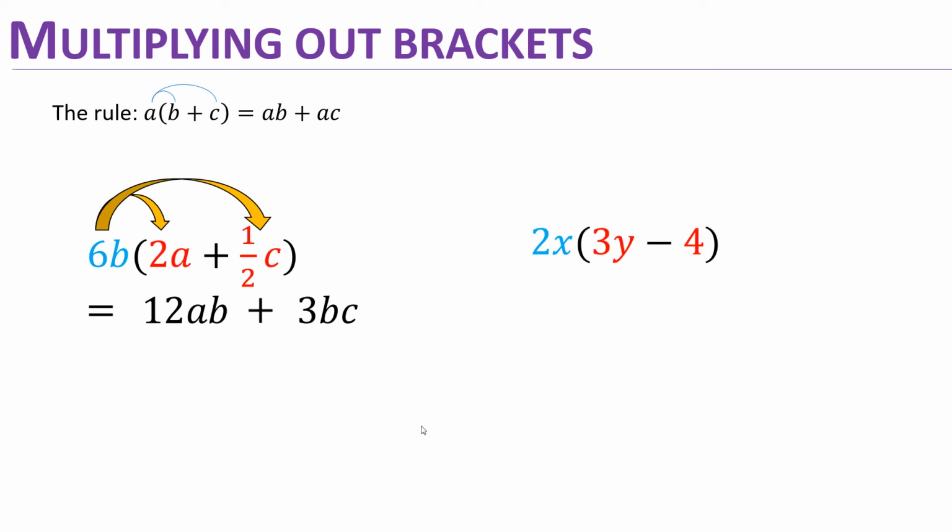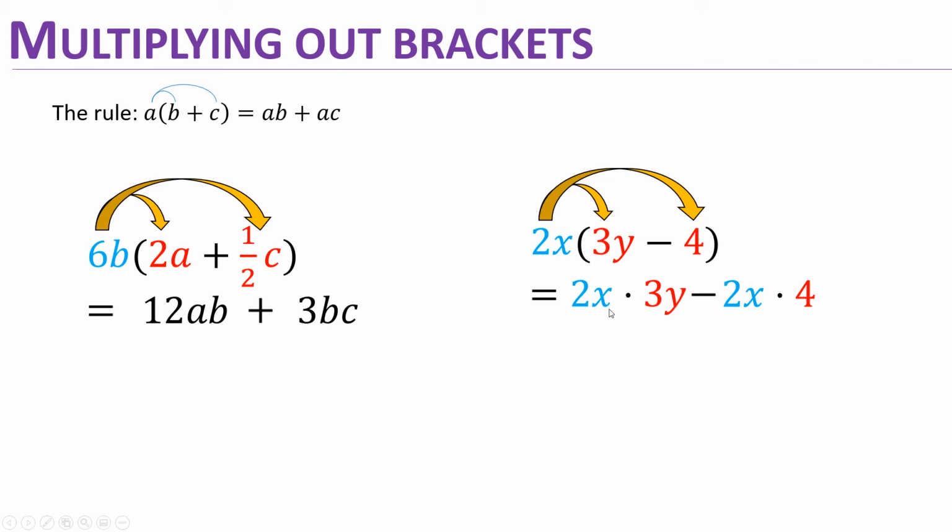When we subtract the terms inside of the brackets, instead of adding them, the rule works the same, except now we copy the minus sign rather than the plus sign. So here we get 2x times 3y minus 2x times 4. So that means 2x times 3y is 6xy, and 2x times 4 is 8x.